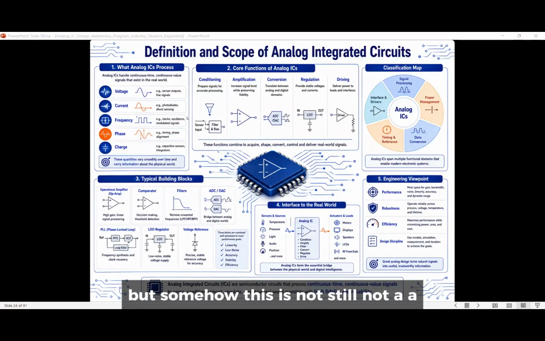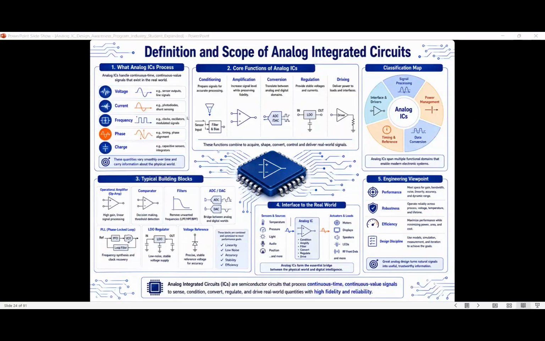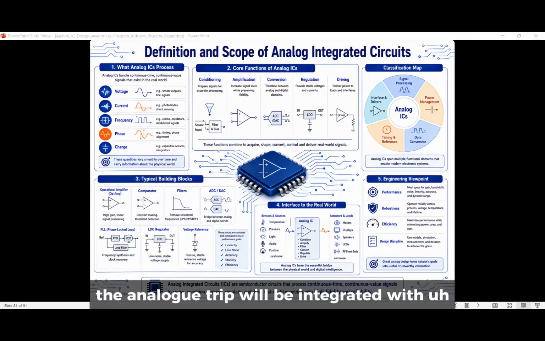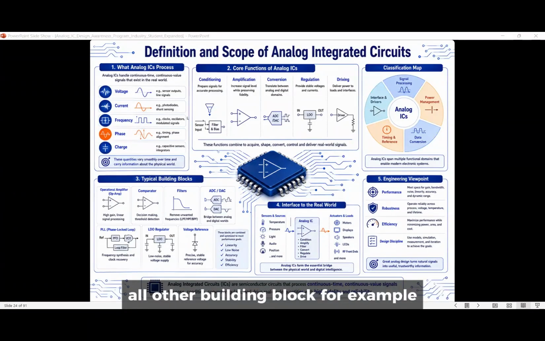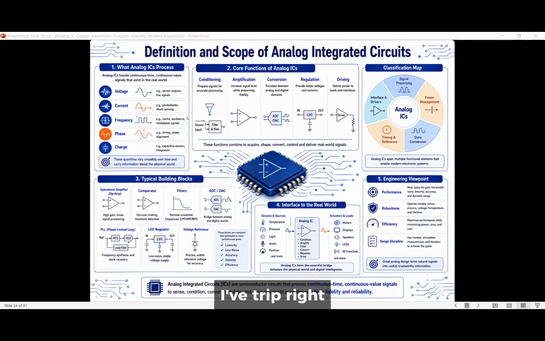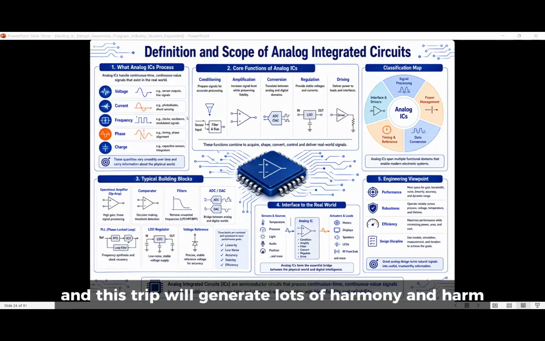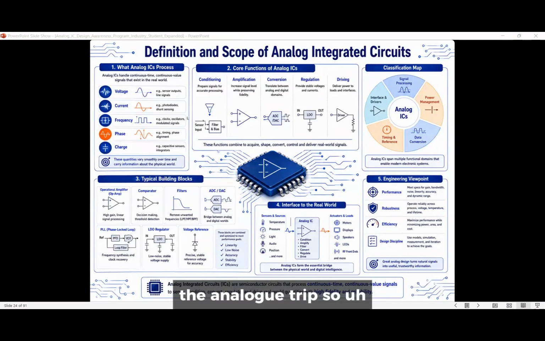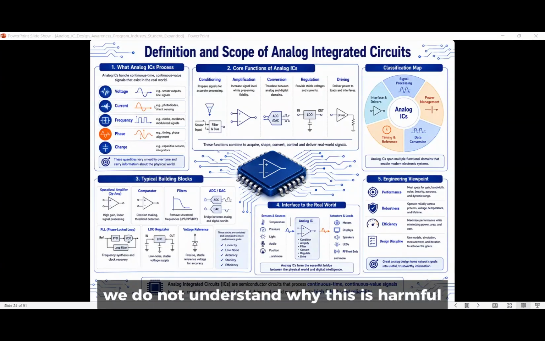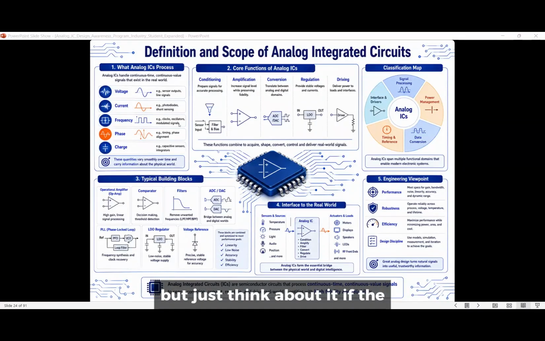But somehow this is still not enough. Why? Because as we have mentioned before, the analog chip will be integrated with all other building blocks, for example the digital chip and the RF chip, right? And these chips will generate lots of harmonics and harm the analog chip. Maybe as students we do not understand why this is harmful, but just think about it.